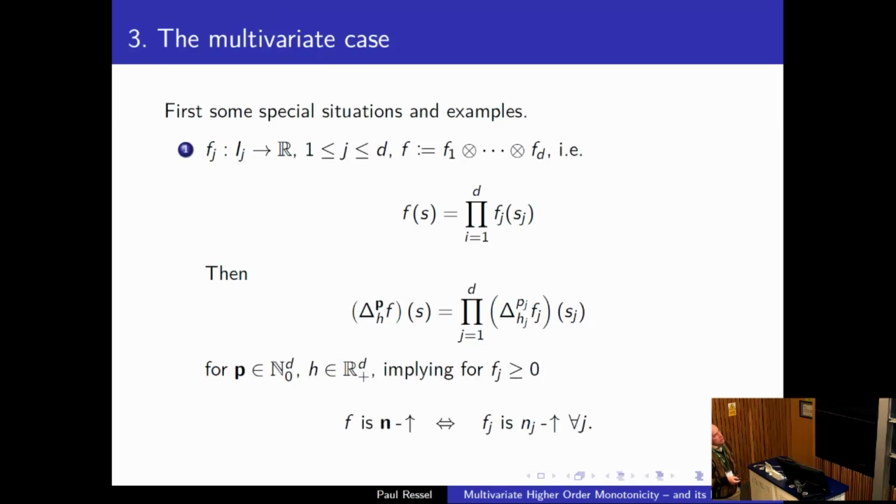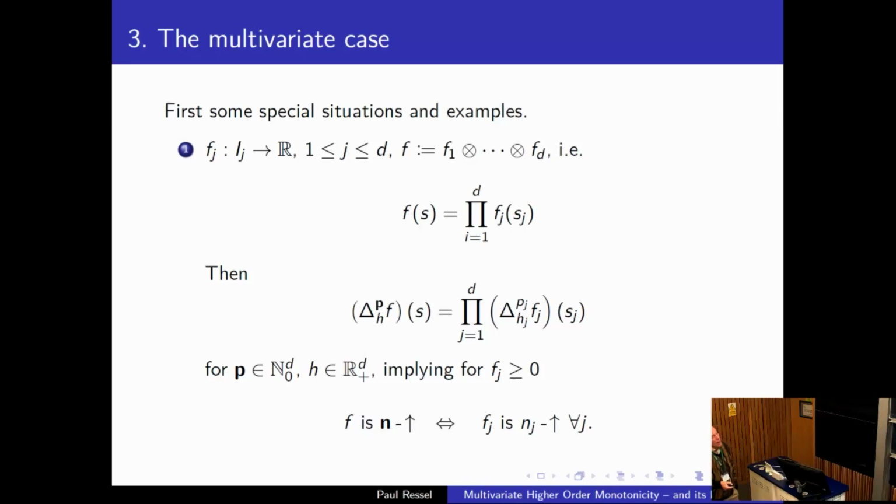Well, I come to the multivariate case. First, some special situations in examples. The first one: I have functions on the intervals I_j, and f is the tensor product of those. So simply given by this definition, then it is easy to see that the difference, this multi-difference, in fact, is also a product of the single differences for every p.